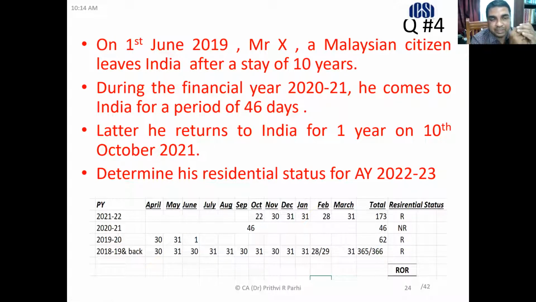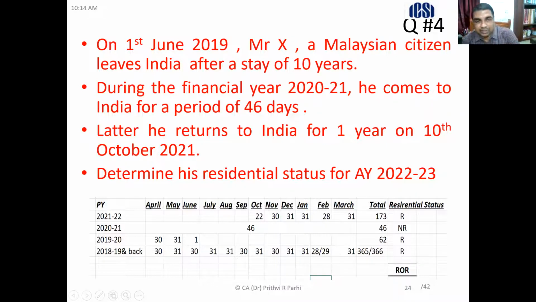So in the previous year, he was resident. And in 2021, he was non-resident. In 1920, he is resident. And in previous years, he is resident. So you can say in 2 previous years, he is resident, and 730 days he has already stayed. So you can say he is a resident and ordinarily resident.